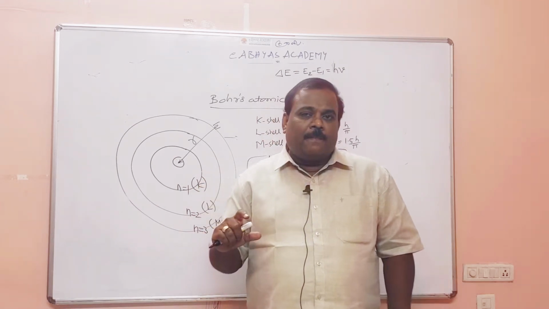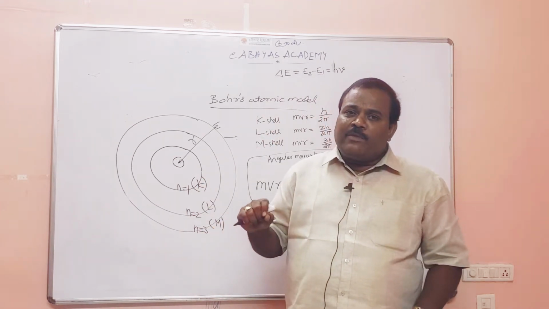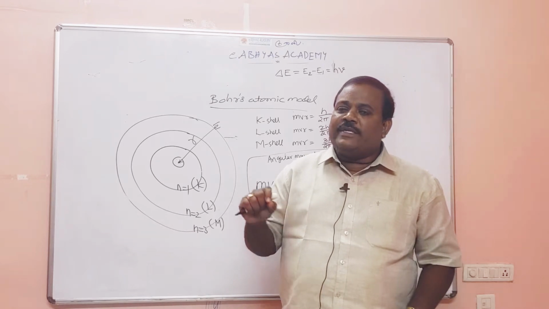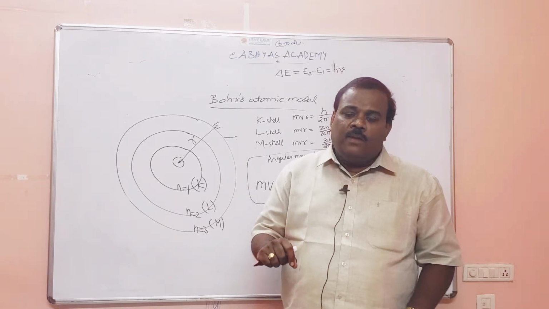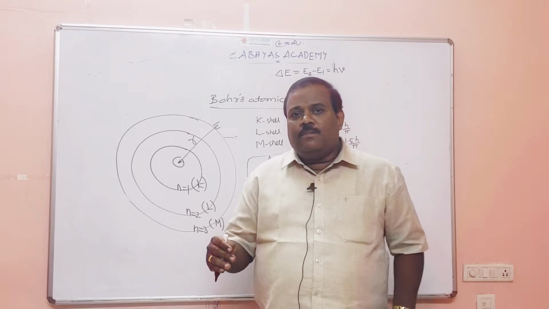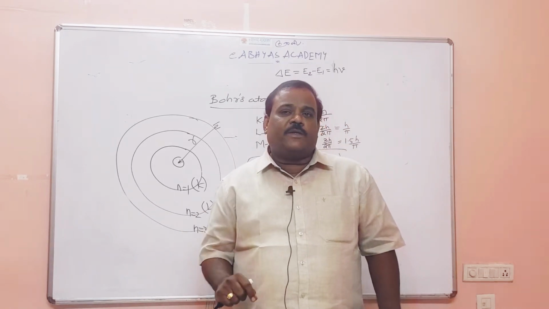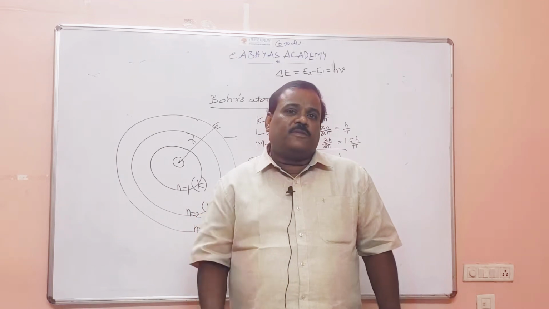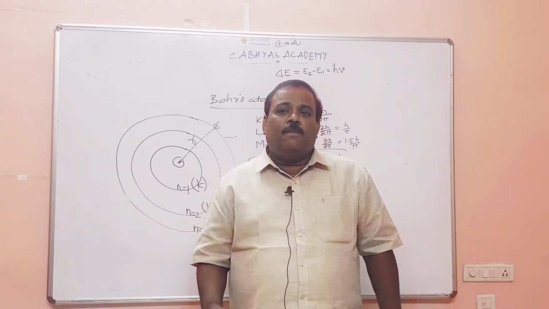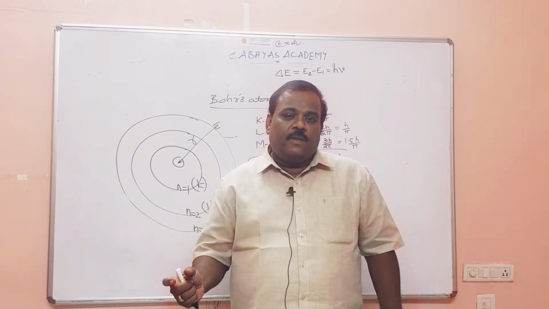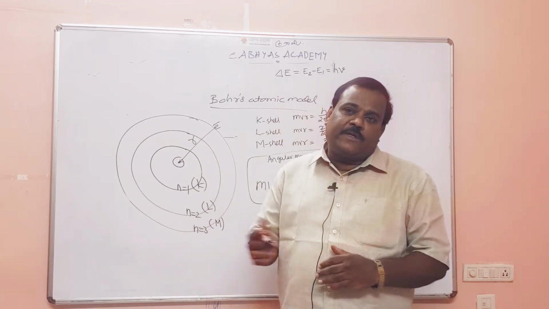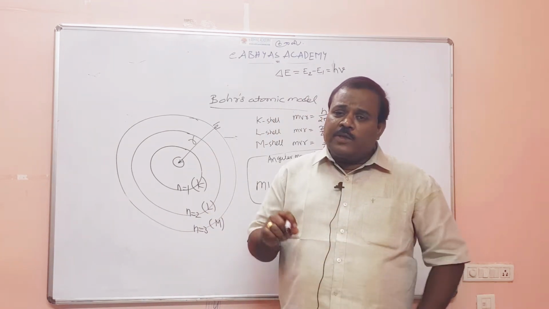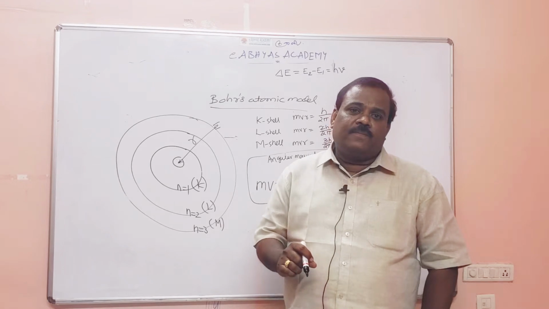And one more thing, spectrum formed by atoms is called line spectrum. For example, hydrogen atom produces a spectrum called line spectrum, whereas spectrum formed by molecules will be called band spectrum. So atoms form line spectrum, molecules form band spectrum.